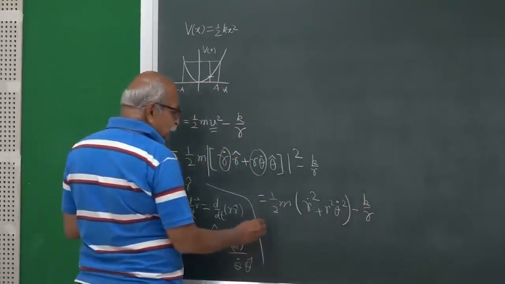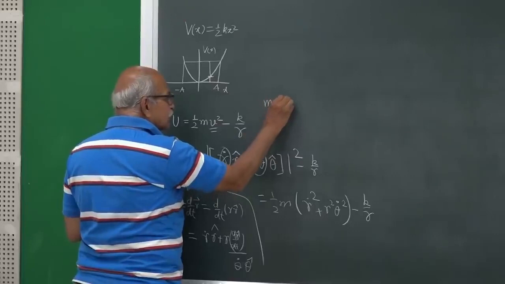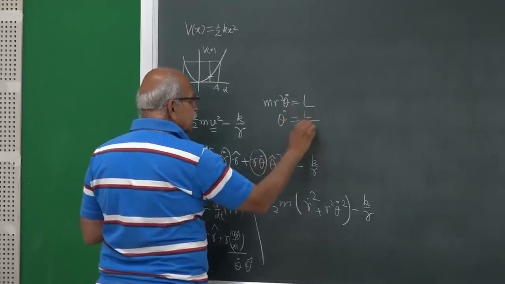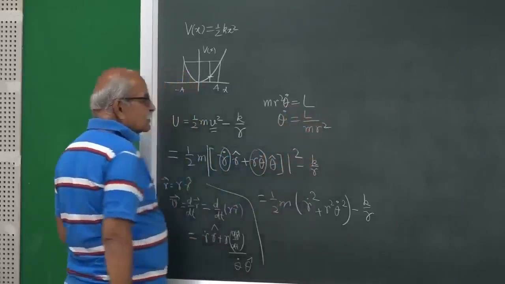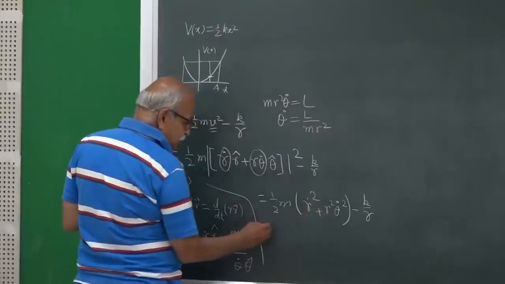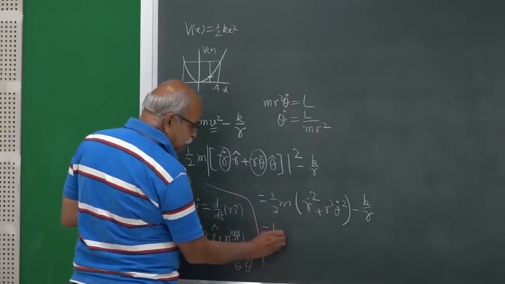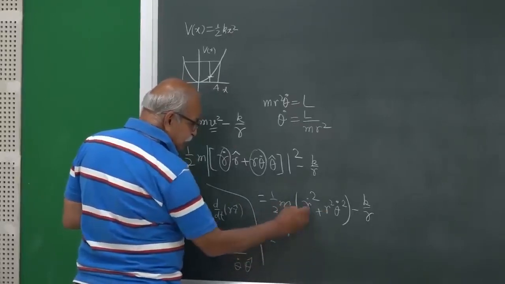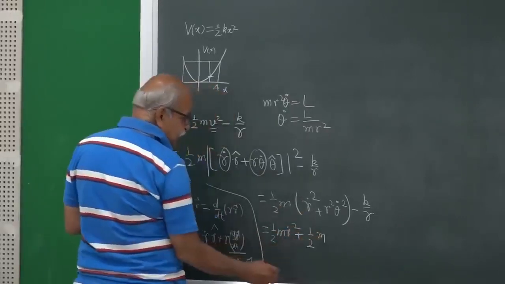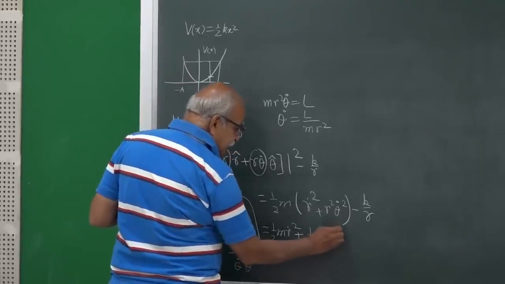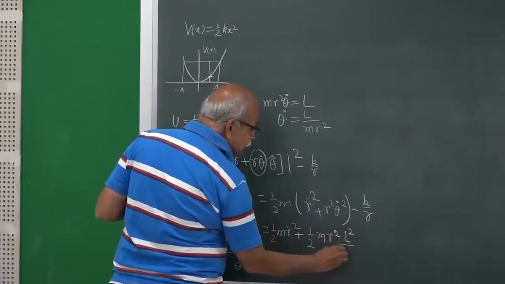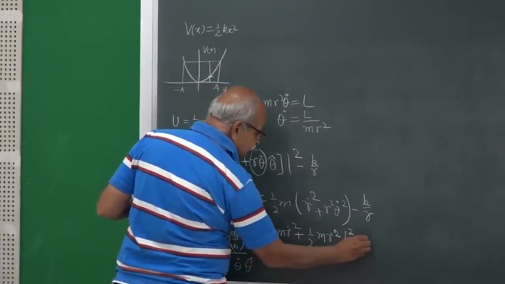And you also know that m r square theta dot is L. So, theta dot is L by m r square. Okay, theta dot is L divided by m r square. Put it here. So, you have half m r dot square, that is the first term, and then you have half m times r square times theta dot square, so L square over m square r to the 4, and minus k by r.